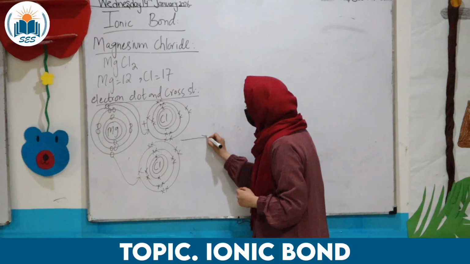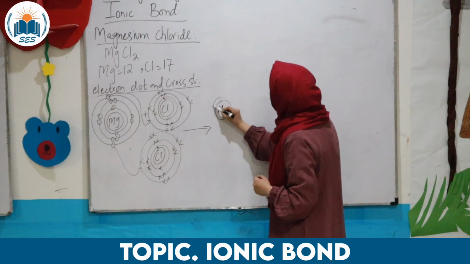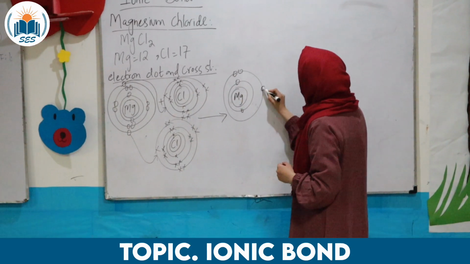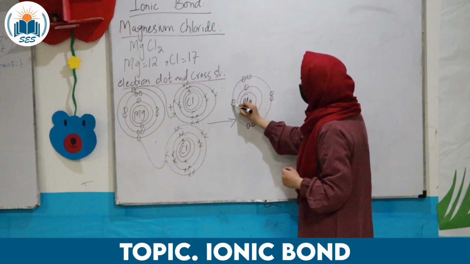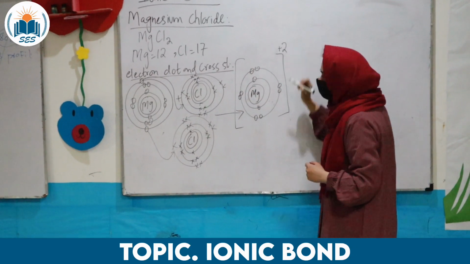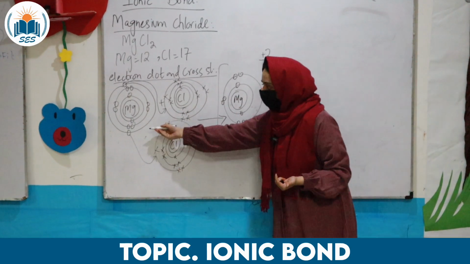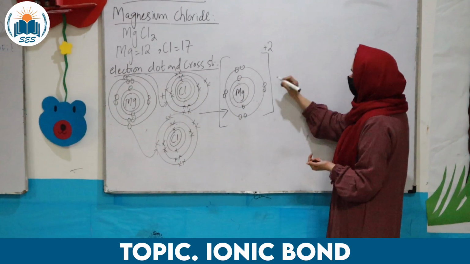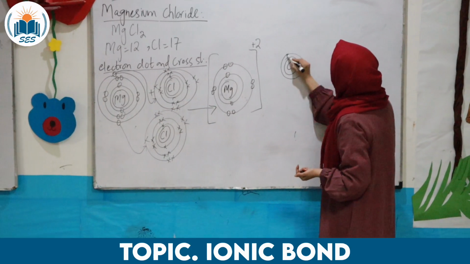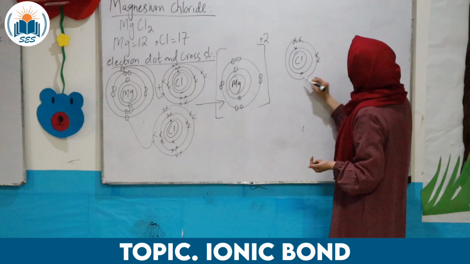Now what would happen? After losing 2 electrons of the valence shell, magnesium will acquire a +2 charge because it has lost 2 electrons. A species that is formed by loss of electrons is called a cation, and the chlorine will gain 1 electron. 2 electrons in the first shell, 8 electrons in the second shell.